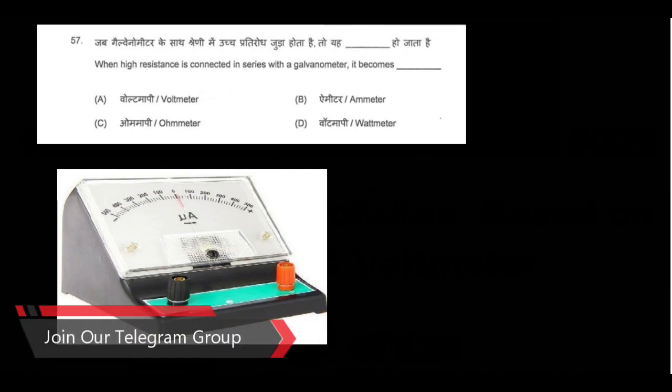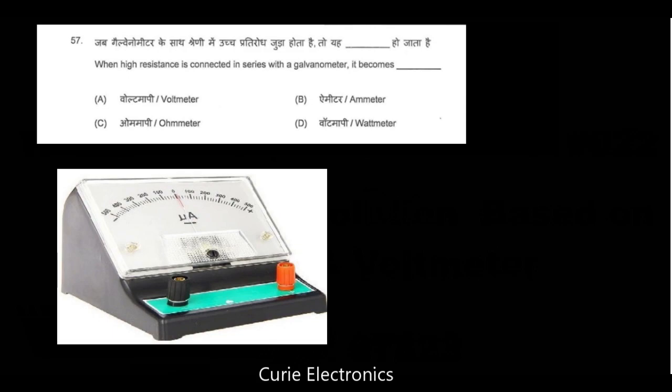Next question. When high resistance is connected in series with a galvanometer, it becomes. So what do you see here? The picture. This is the galvanometer. What is the peculiarity of this meter? Here is the zero, at the center. And this is the deflector, that pointer.